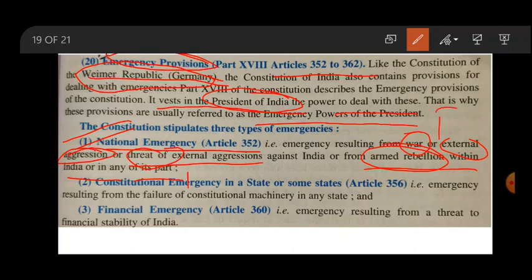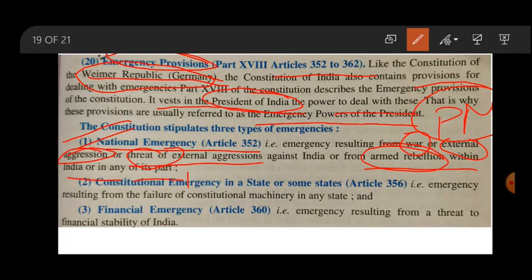President means prime minister here. It is the prime minister and his cabinet who will advise the president, and then the president will declare emergency. The president is bound to accept the advice of the prime minister.